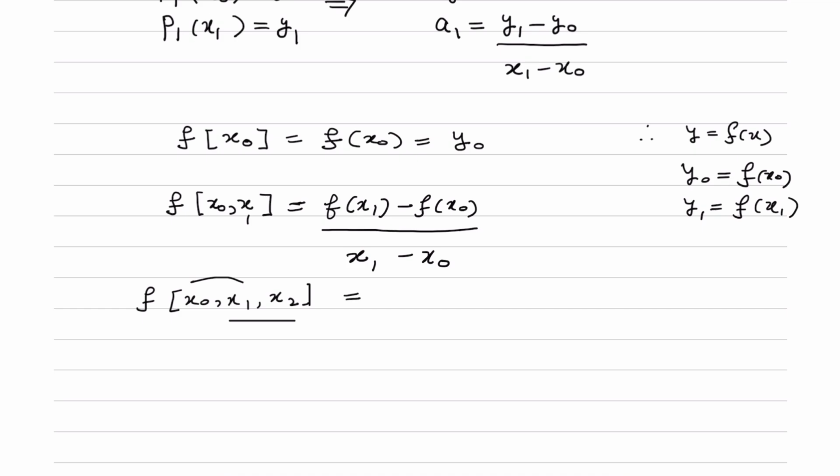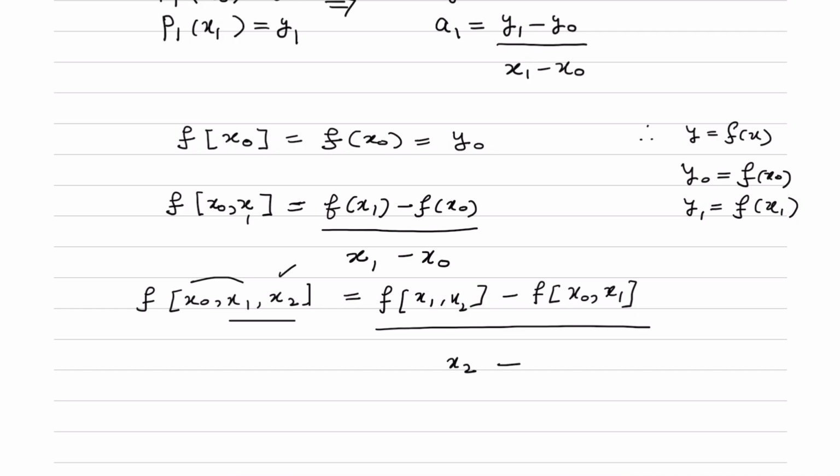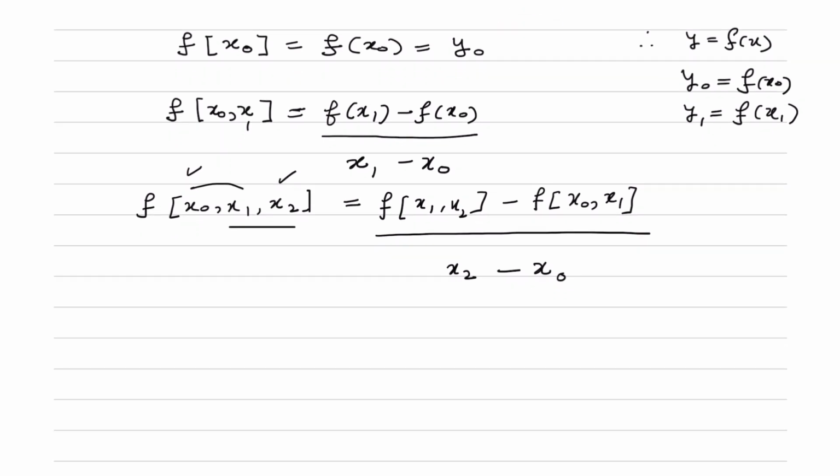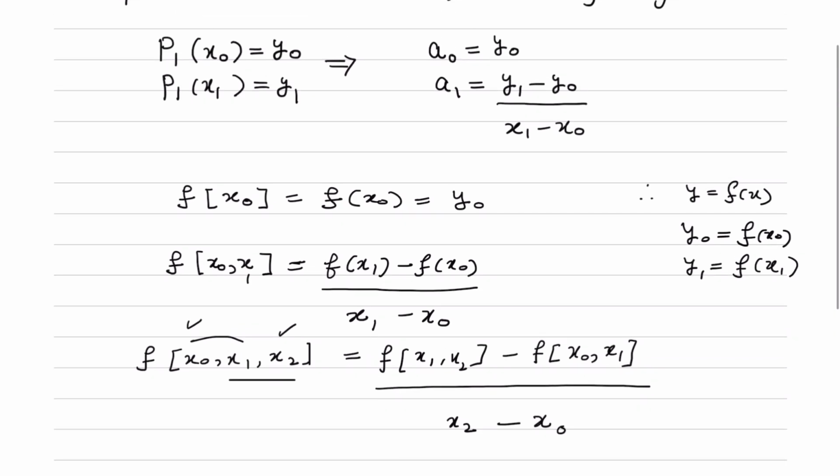So it can be written as f of x1, x2 minus f of x0, x1, that is, f on the last two minus f on the first two, divided by the last x, which is x2, minus the first x, which is x0. So this is how we write f of x0, x1, x2. So the divided difference operator is defined like this.